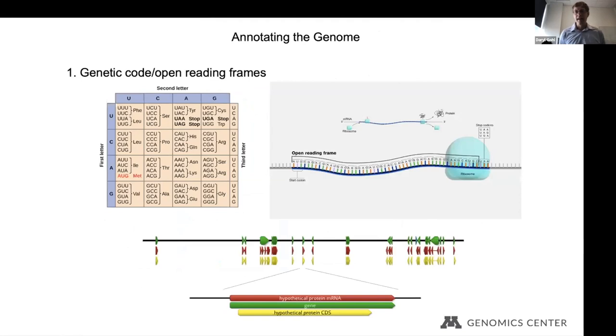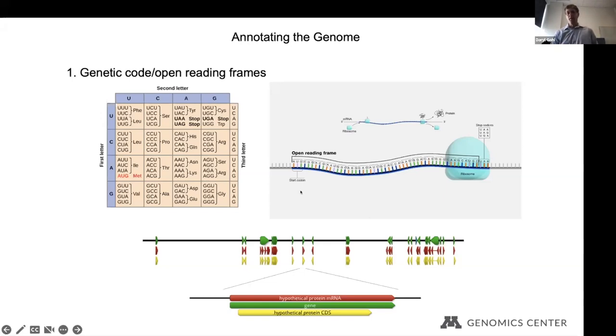And then once we had that genome sequence, we needed to annotate the genome and try to understand where the genes are, what they are, and how they function. We took a few different approaches to doing that annotation. The first one is using information that we know about the genetic code, which translates DNA into proteins, and that's conserved really across the tree of life.